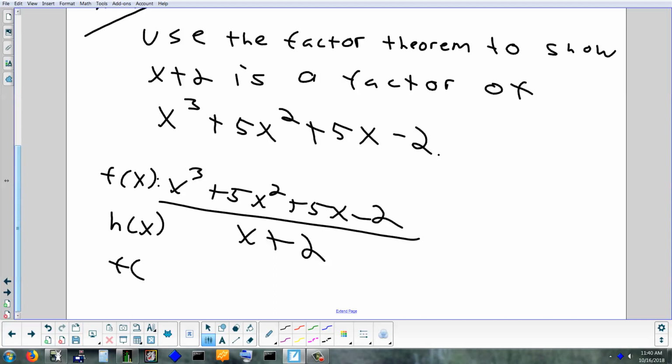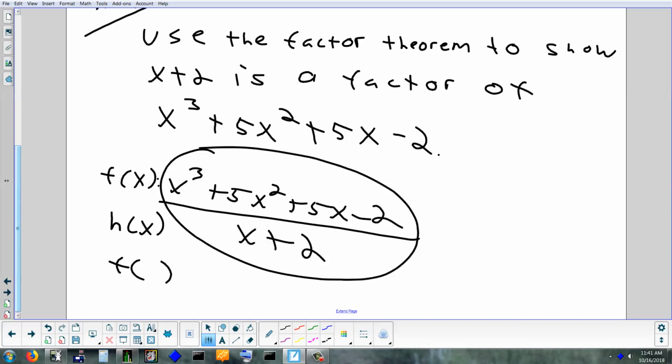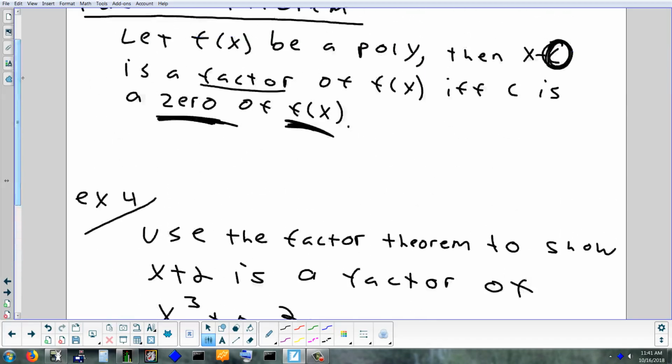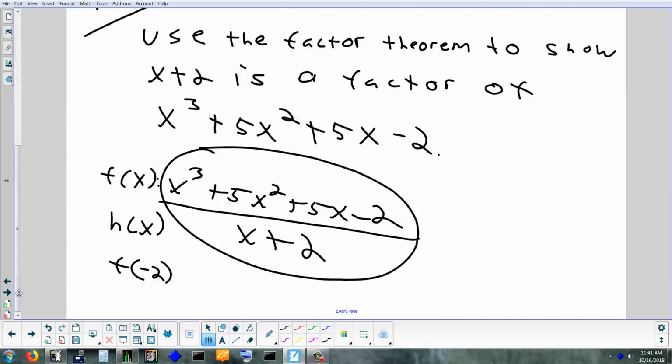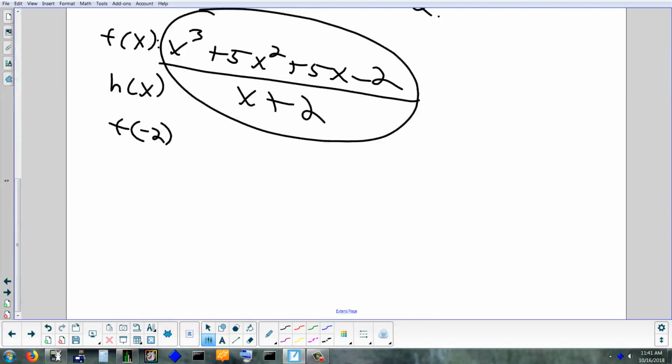What number do I have to plug into the top to get the remainder when I do that out? You gotta be careful. Yep? Negative 2. So if we plug negative 2 into the top and we get 0, then that proves what we divided by is a factor. That's the goal here. Okay, so let's see what we get.